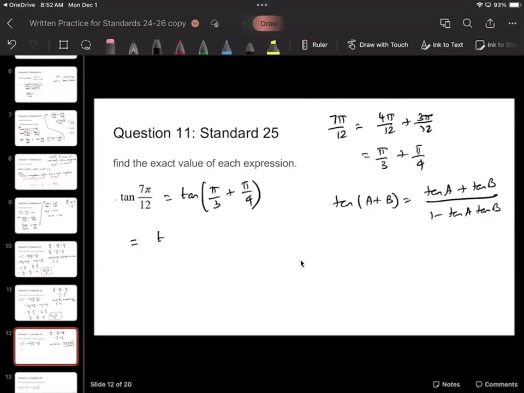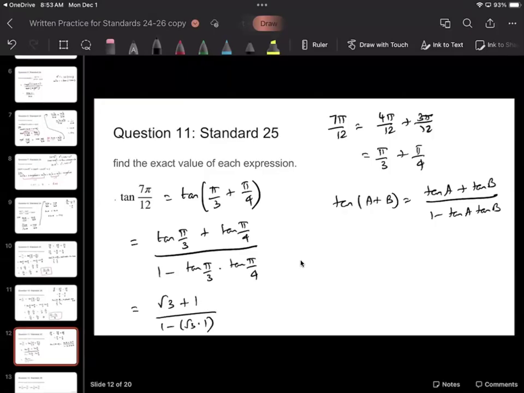So this is tan pi over 3 plus tan pi over 4 all over 1 minus tan pi over 3 times tan pi over 4. Now tangent pi over 3 is root 3. Tangent pi over 4 is 1. 1 minus root 3 times 1. So you end up with root 3 plus 1 over 1 minus root 3 as your final answer. No need to simplify.